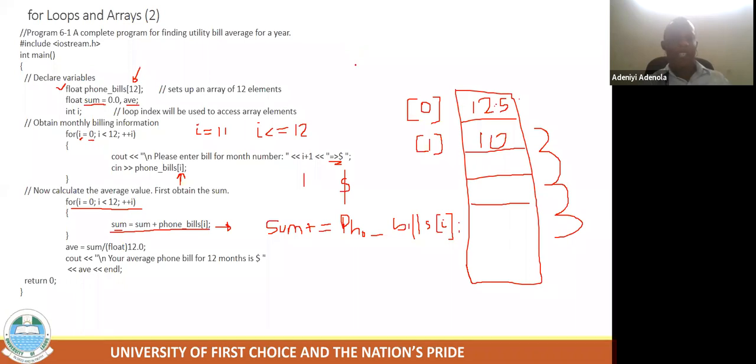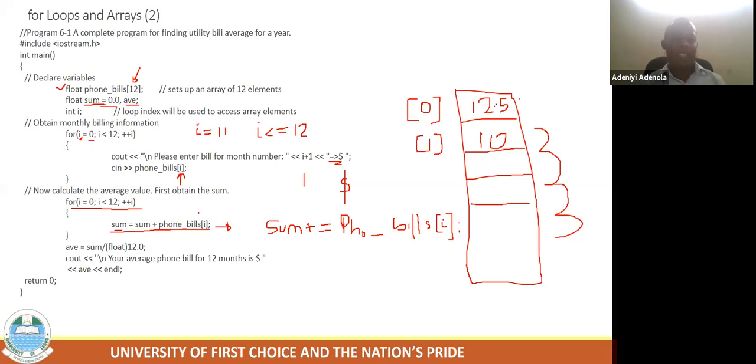Someone is asking me, is there no other way of doing it without assigning 0 to the sum? Well, this convention is the normal convention. Just think about it.